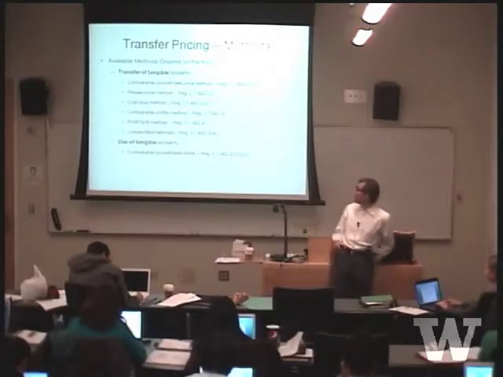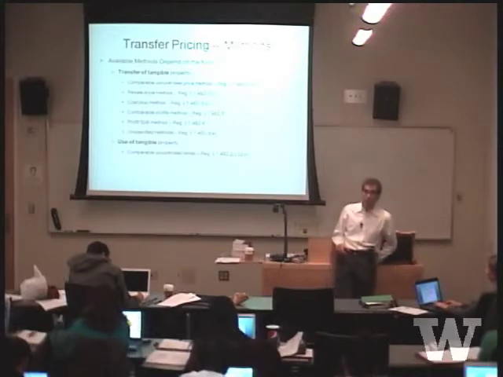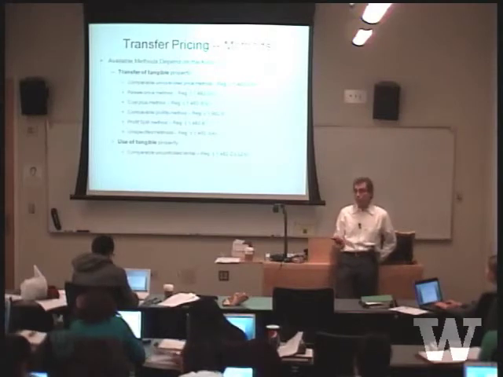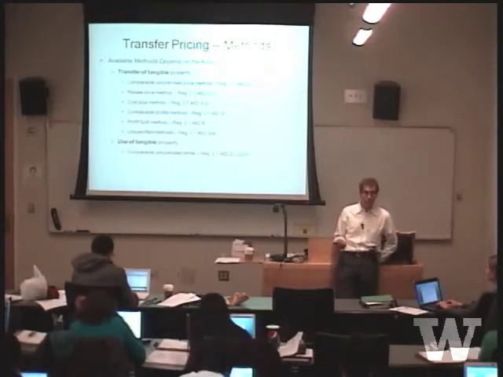Again, from the standpoint of not going into too much detail, what I would like to do is just point out how different methods are allowed, so to speak, for different kinds of income.